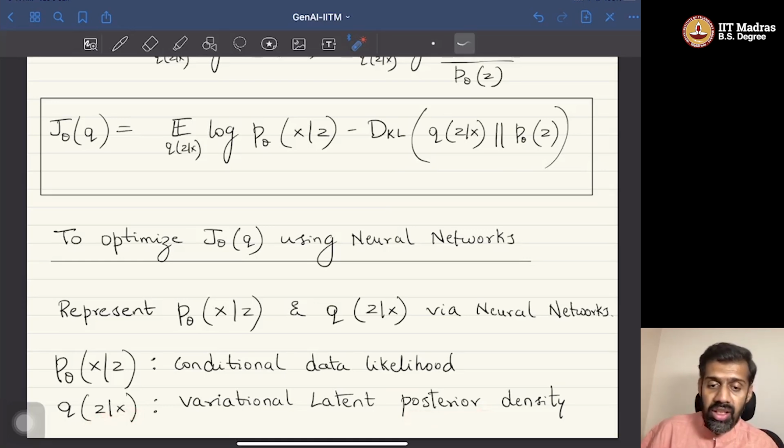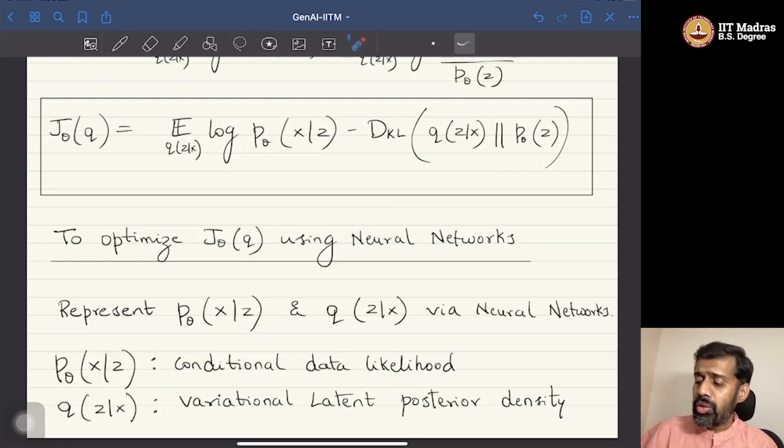So this is the posterior distribution of the latent variable given the data variable, and it's called the variational distribution because, as I said, this comes from variational calculus, where you're optimizing with respect to functions. The branch of calculus that deals with it is called variational calculus, and the solution is often referred to as the variational distribution, and that's why it is called the variational latent posterior.